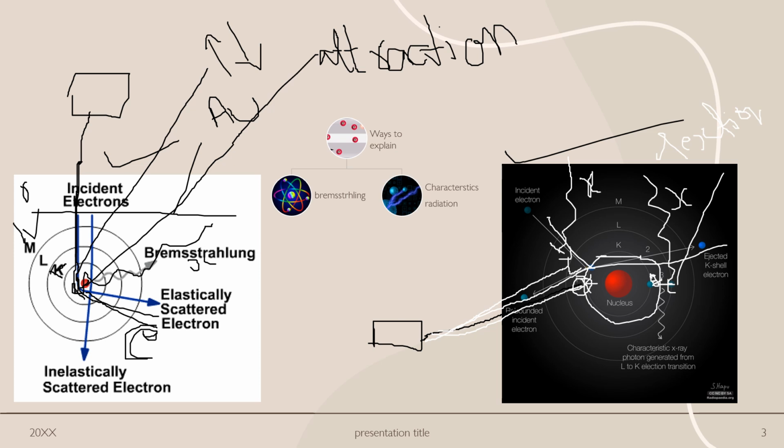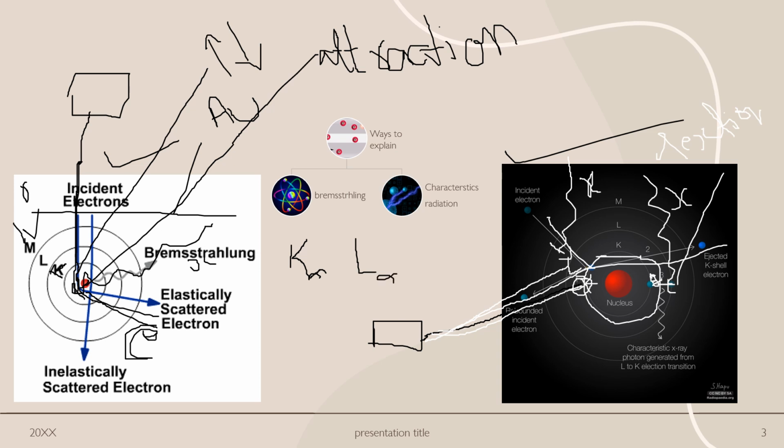Now there are some names given to it. If the vacancy in the K shell is filled by the L shell, we name it K alpha.